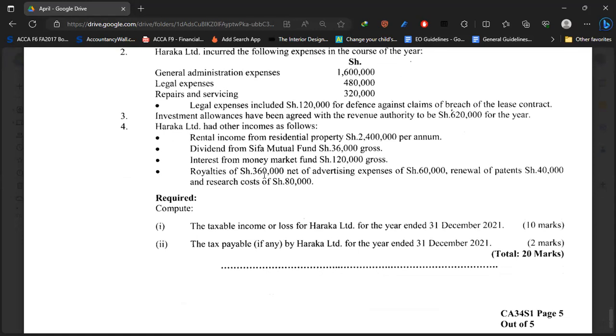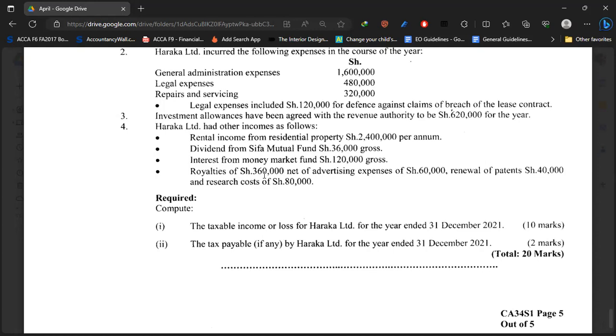4. Haraka Limited had other incomes as follows: rental income from residential property 2,400,000 shillings per annum; dividend from Sifa Mutual Fund at 6,000 shillings gross; interest from money market fund 120,000 shillings gross; royalties of 360,000 shillings net of advertising expenses of 60,000, renewal of patents 40,000 shillings and research cost of 80,000 shillings.